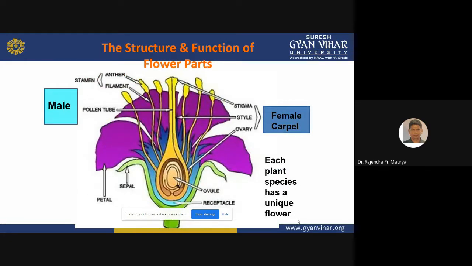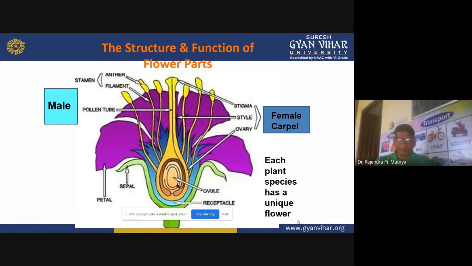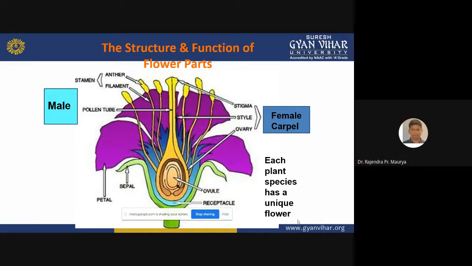So here on this slide, you are looking at the flower structure. In the flower, we can say there are two parts: the accessory organs and the reproductive structures.